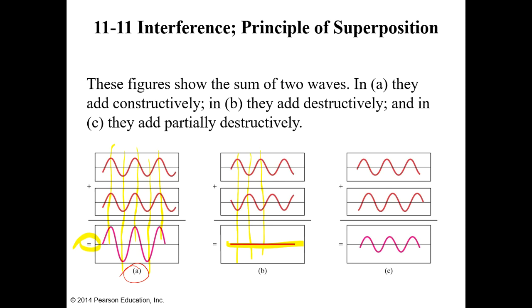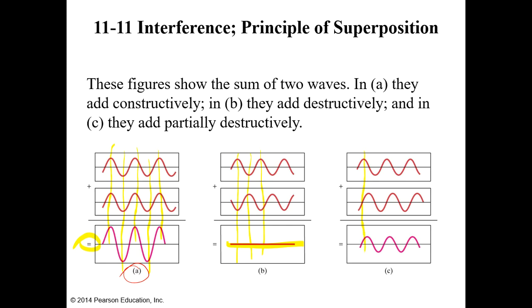Now C is a little more different because here you have a crest that meets up with a 0 point.